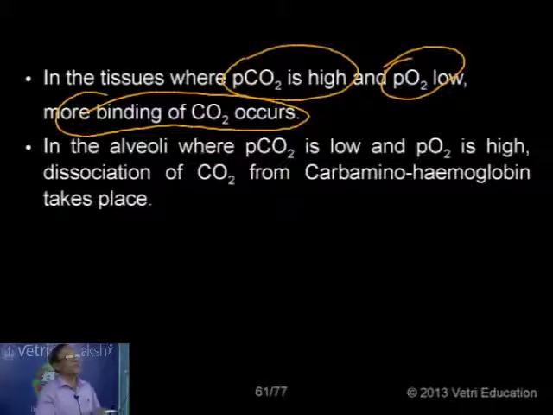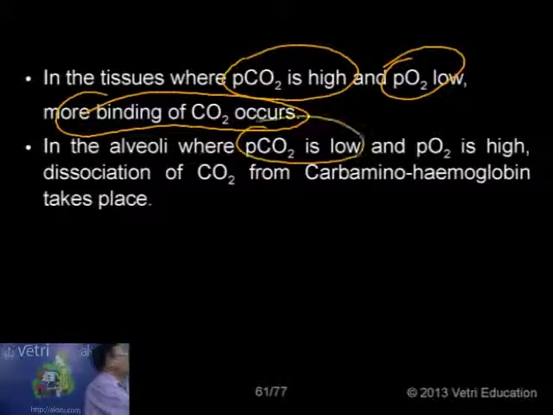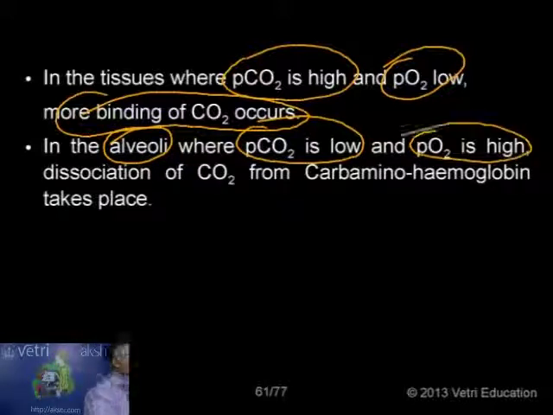But in the lungs, in the alveoli, where the PCO2 is low and the partial pressure of oxygen is always high, this results in the dissociation of carbon dioxide from carbaminohemoglobin, and it is released out as carbon dioxide.